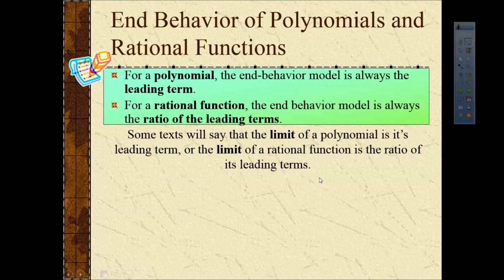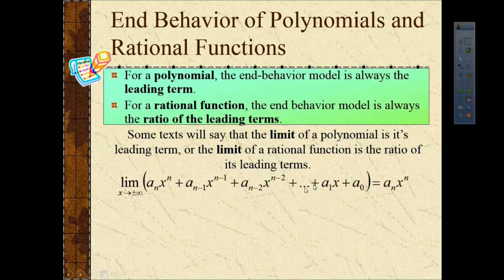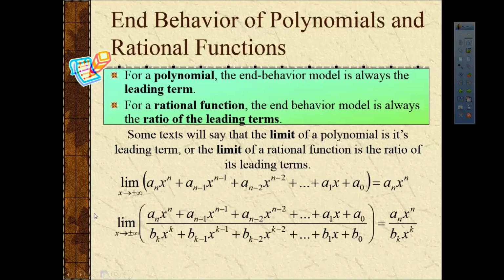If we want to see these written out in detail, this is a representation of the limit of any polynomial function as x goes to positive or negative infinity, and we simply use a term that's identical to the leading term. For these rational functions, a polynomial divided by a polynomial, we take the limit as x goes to positive or negative infinity, we'll simply use the ratio of the leading terms.